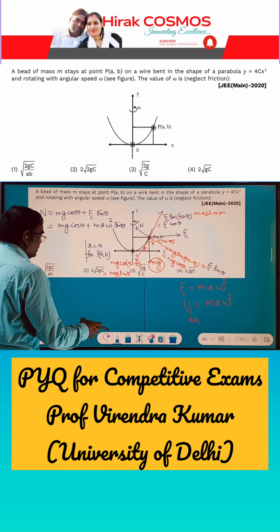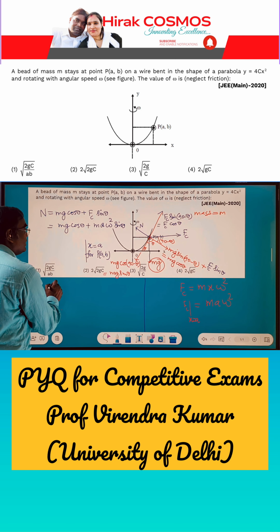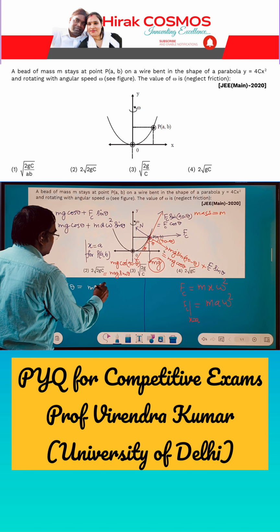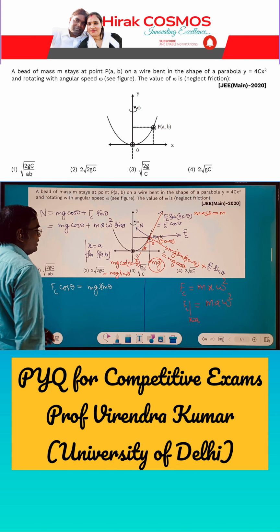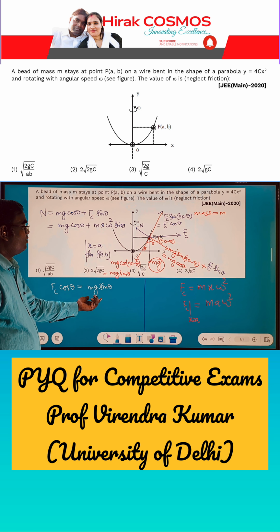That is, Fc cos theta is equal to mg sin theta, right? This Fc cos theta is balancing this downward force mg sin theta.